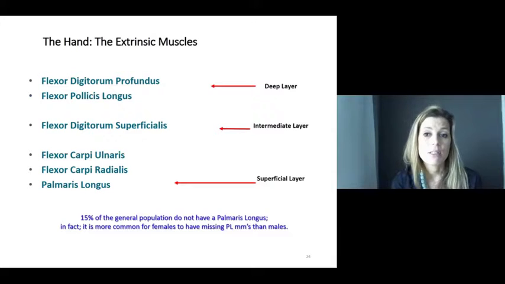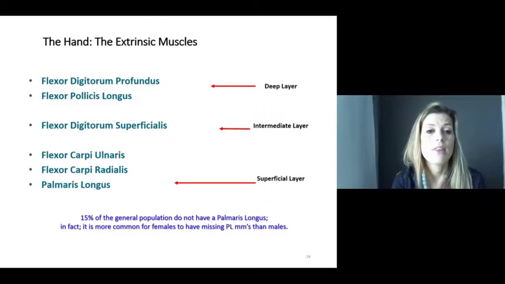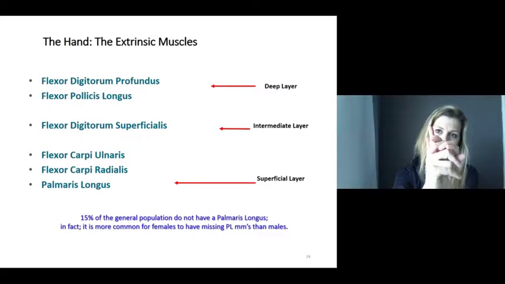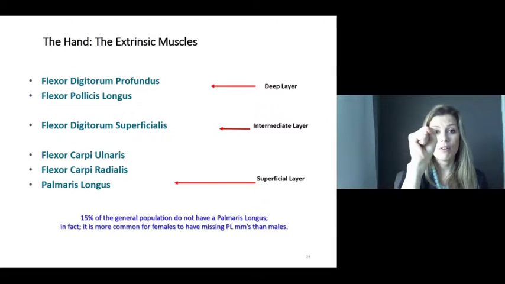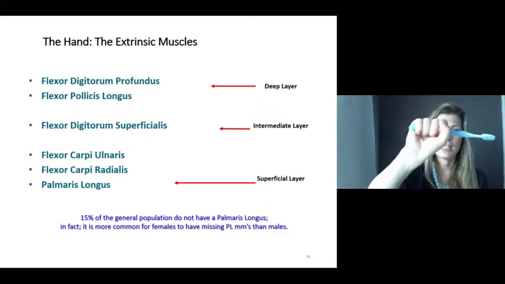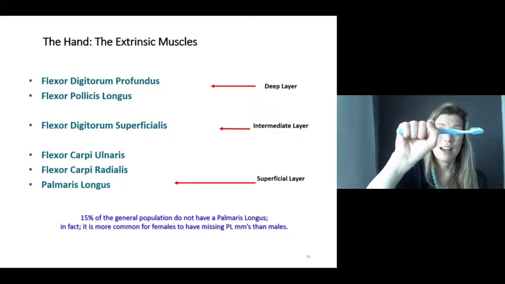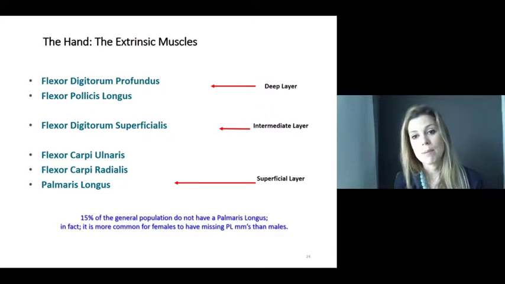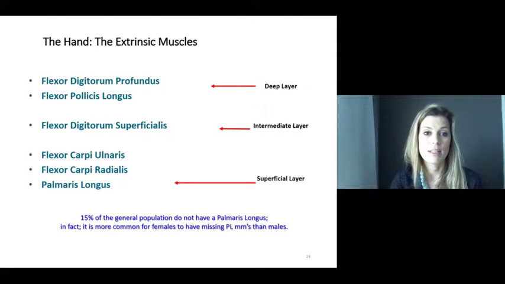We have different layers. We've got a deep layer, intermediate layer, and superficial layer, and different muscles are within those layers. The FDP, flexor digitorum profundus, is going to flex at the DIP joint. So it's a really key muscle for functional grasping. For example, if you go to grasp your toothbrush, you need FDP to be able to flex that last joint, that last DIP joint, to get a good composite fist.